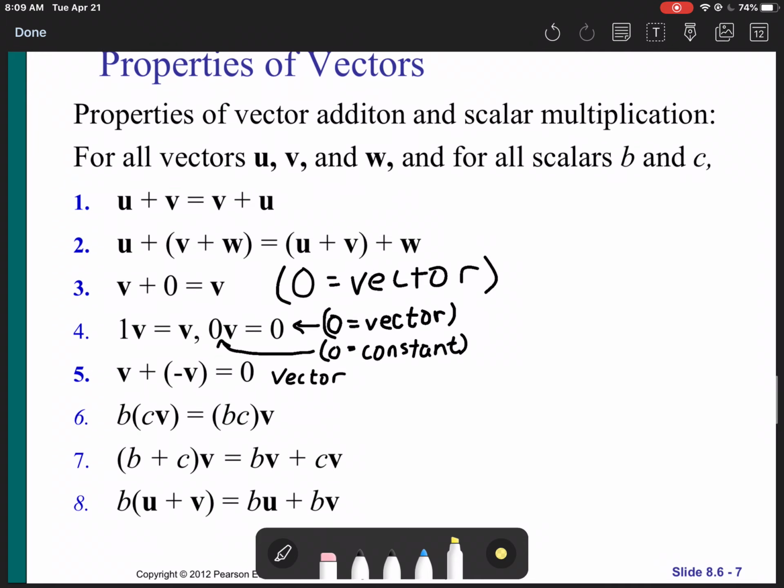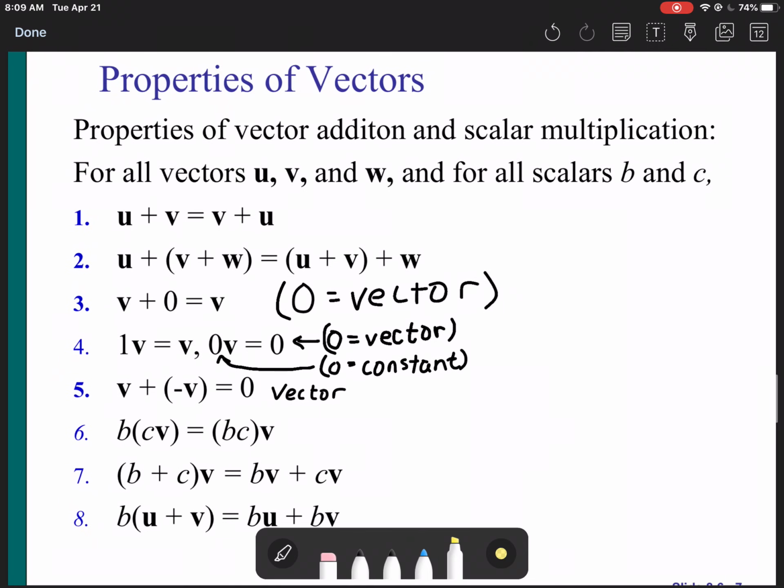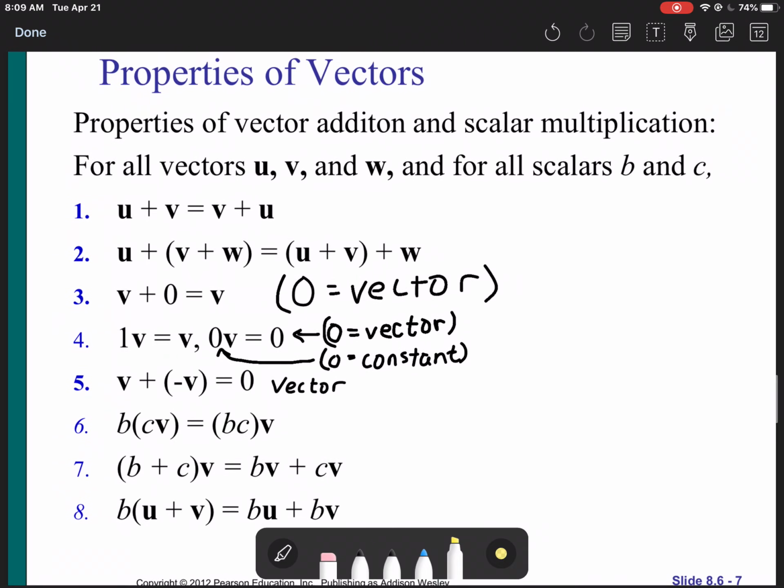Here are some properties of vectors. We're not going to work with a bunch of this, but just to give you the idea of how these work. One thing to be careful of when you're doing calculations with vectors: there are two quantities involved here. There's the vector quantity, and there are also scalar quantities.